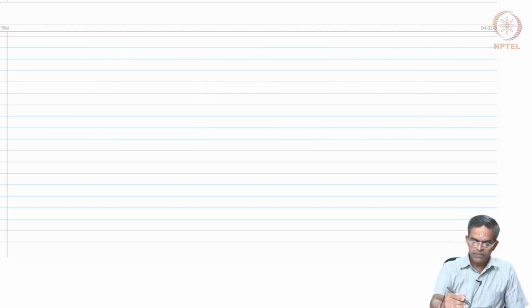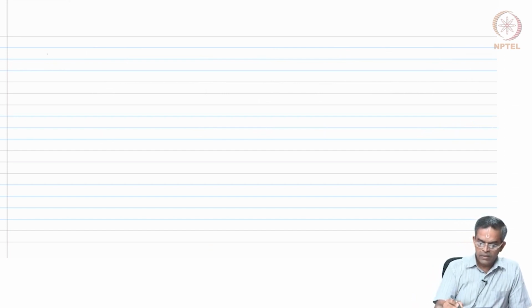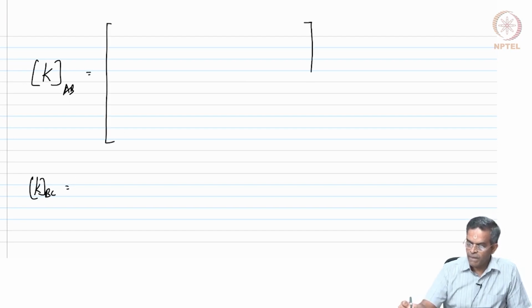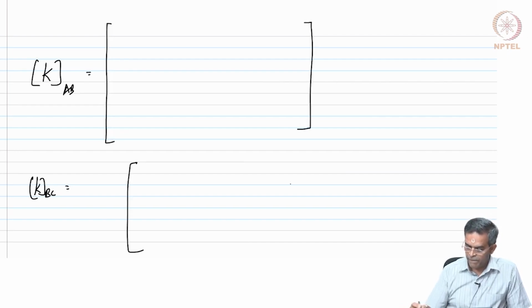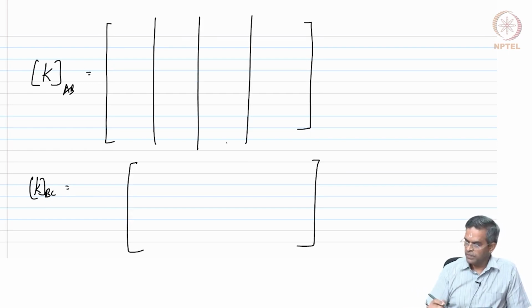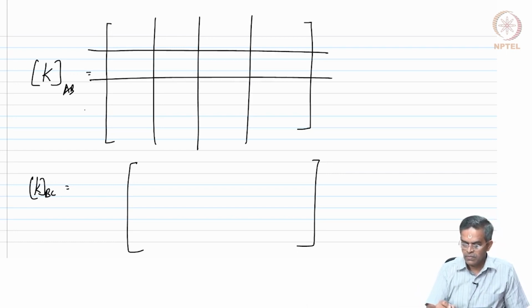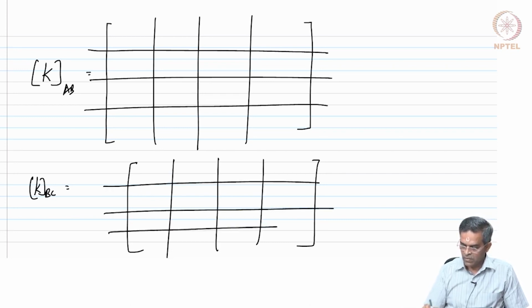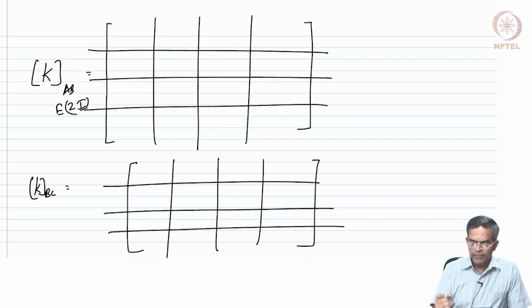Once this table is done, let us now write the matrix for the member AB and the matrix for the member BC. 4 by 4. So, E into 2I for the member AB.